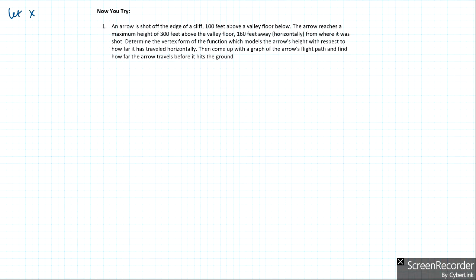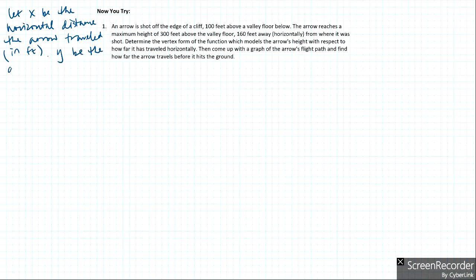So we can say let x be the horizontal distance the arrow has traveled in feet, and y be the height above the valley floor. Once we define x and y as the variables, again, we want to have this in feet.